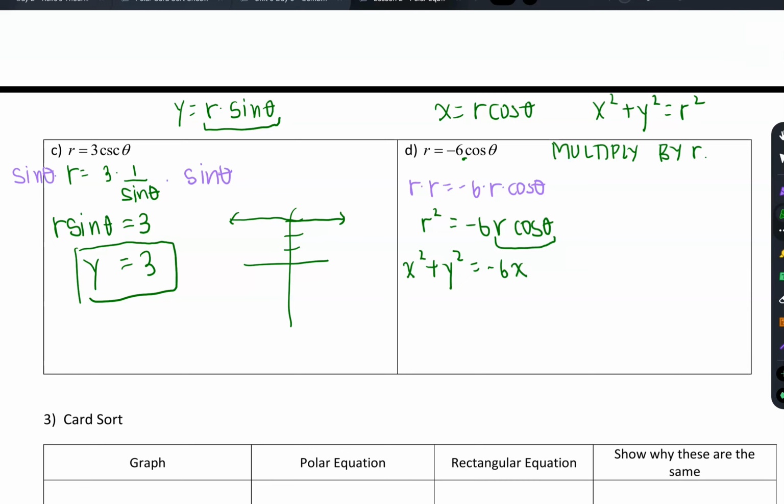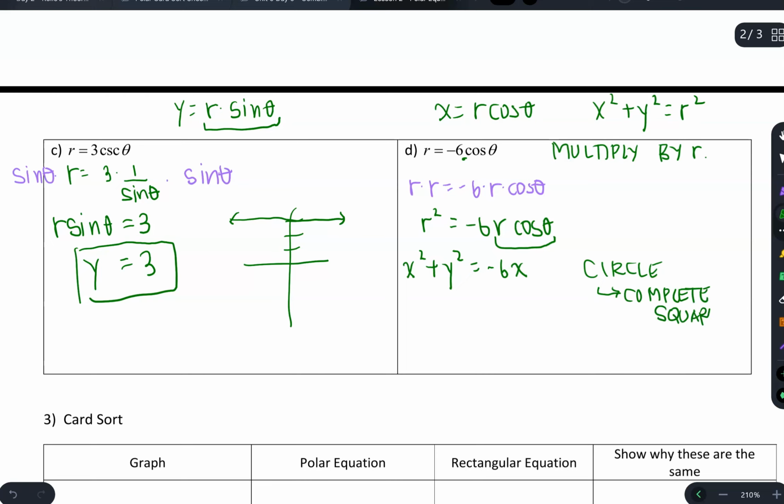So this is going to be a circle, right? But I would need to complete the square. Do you remember how to do that? So you'll move the 6x to the other side, so it'll be x squared plus 6x.